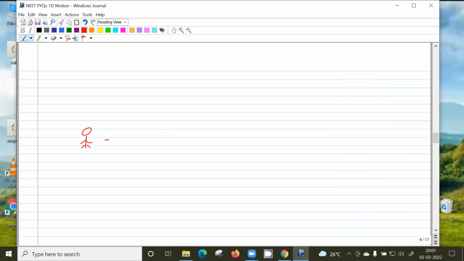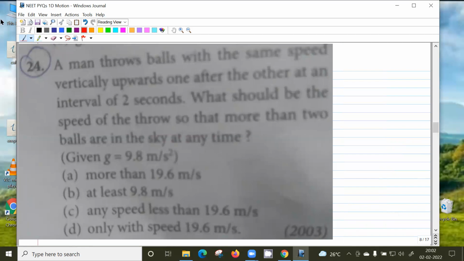So he's throwing the ball from this height. So when the first ball is somewhere here, he'll start throwing the second ball. Right?